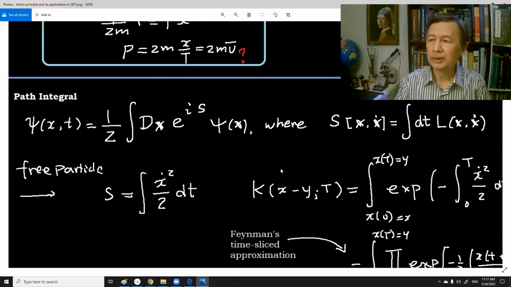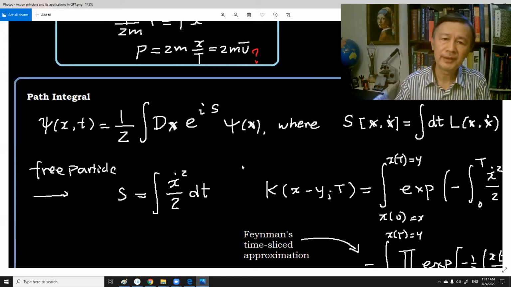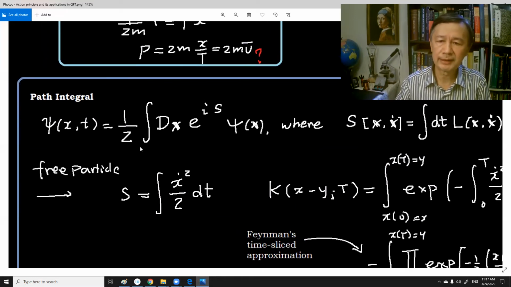So today we just give you a brief introduction. The path integral can be written in this form. We can still see the trace of S here. S corresponds to the classical form of action, but here it is in the exponential form, or logarithmic form, some people call it.